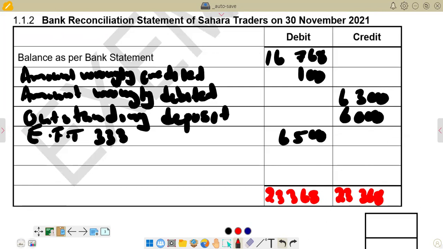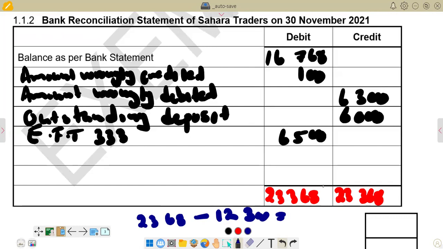There we're saying 23,368 minus the total of credit, which we're saying 6,300 plus 6,000. You're going to get your 12,300. So minus 12,300. Calculate it such that you are going to get 11,068.